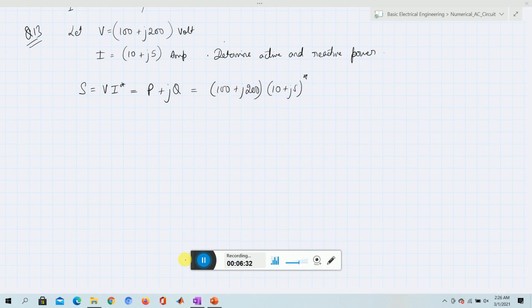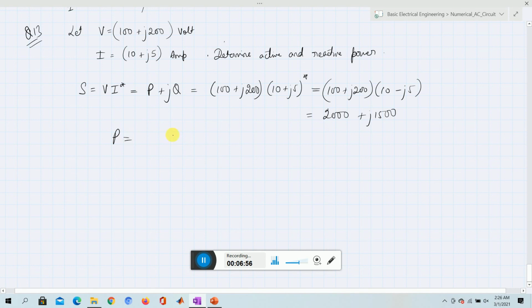So let us put the values and evaluate. We write V into I star, and we can rewrite V as 100 plus j 200. When I write star, it is the complex conjugate of the current, so this is 10 minus j 5. Now let us solve it, which comes to 2000 plus j 1500. It means that the active power, which is not multiplied by j, is 2000.